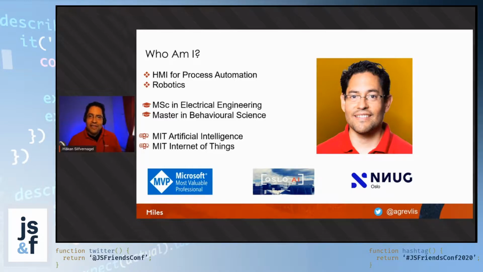I'm also interested in Internet of Things and in artificial intelligence, so I've taken some classes at MIT. I'm quite involved in the local user group community here in Oslo. So I am part of the Norwegian .NET user group and also part of the Oslo AI meetup. And I also have a Microsoft MVP in AI.